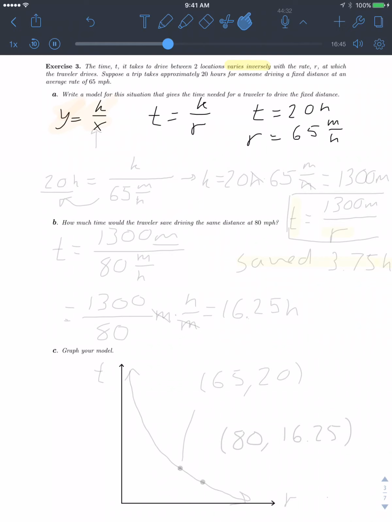This might get a little bit large, but I like to include the units because at the end of the day we can verify that we did everything right if the quantities we come up with have units that make sense. So we know time, 20 hours, is equal to k divided by 65 miles per hour.